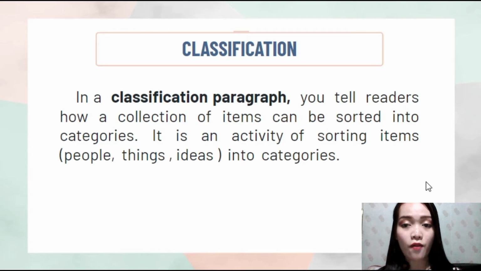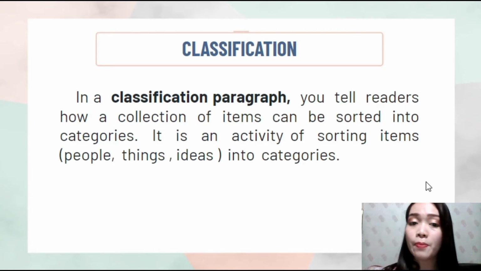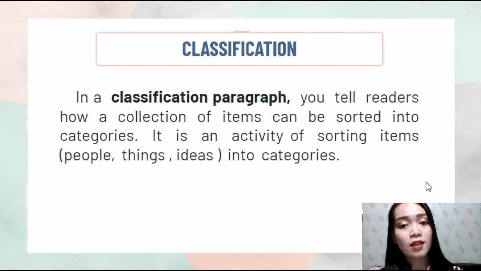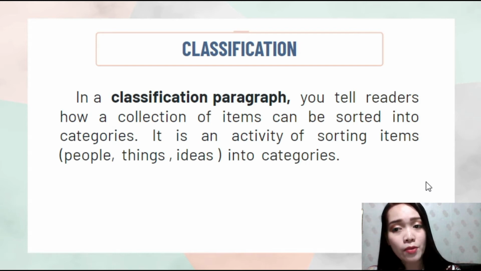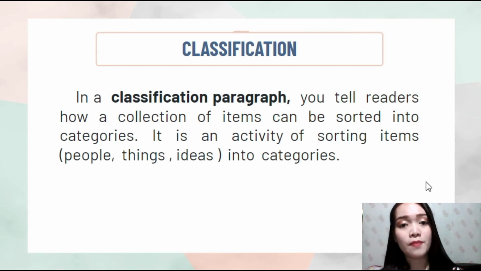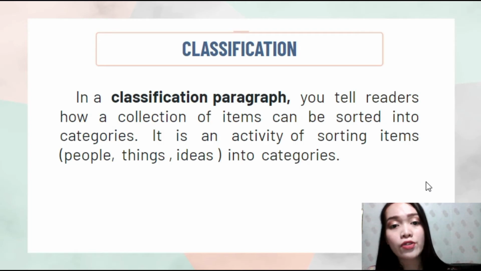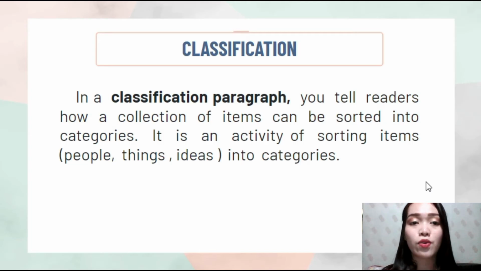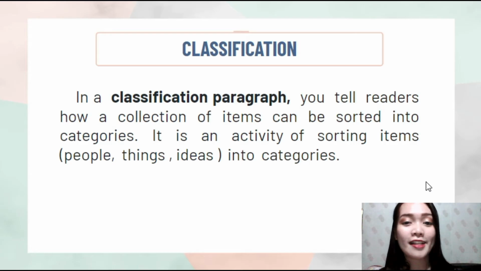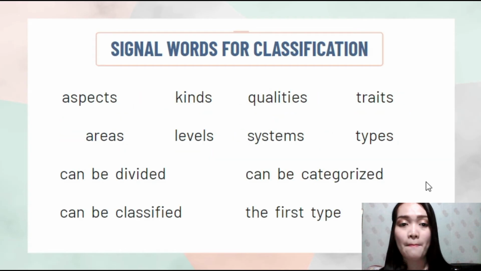It is an activity of sorting items, which can be people, things, ideas, into categories. For example, you are categorizing food. You may say that foods are classified into three categories: the go, grow, and glow foods. So that's classification. You are categorizing them by their kind, or grouping them or dividing them.